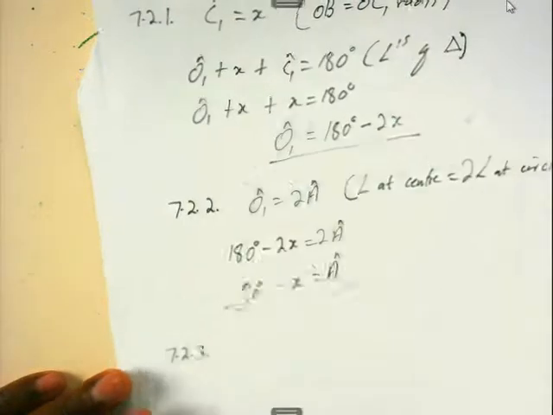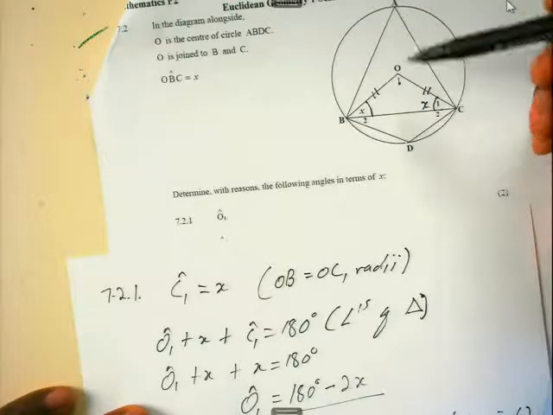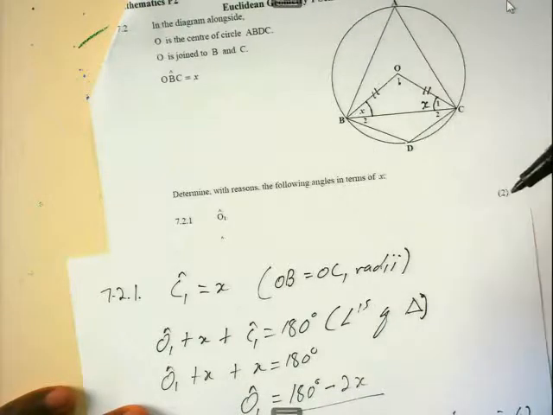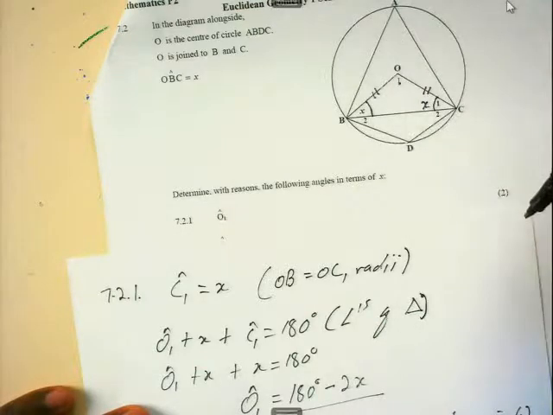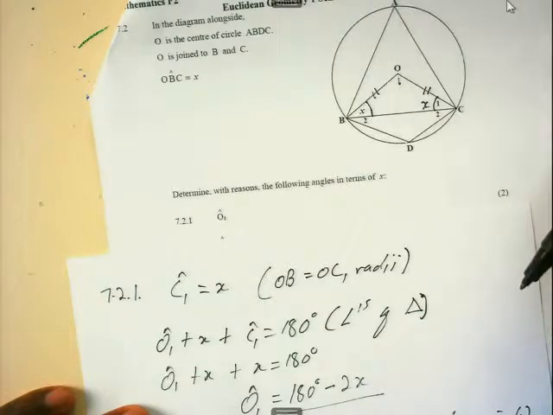If you look at the diagram, check angle A, check angle D. How do they relate? Because A, B, D, C are points on the circumference of the circle, it means ABDC is a cyclic quad. As a result, angle A plus angle D must give you 180 degrees.